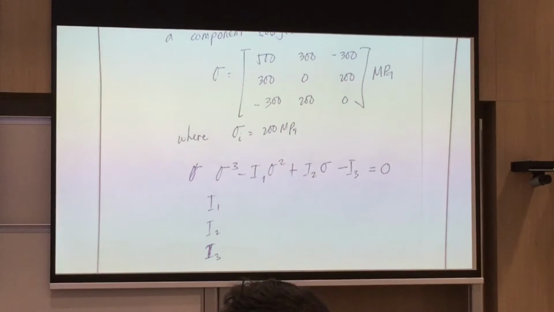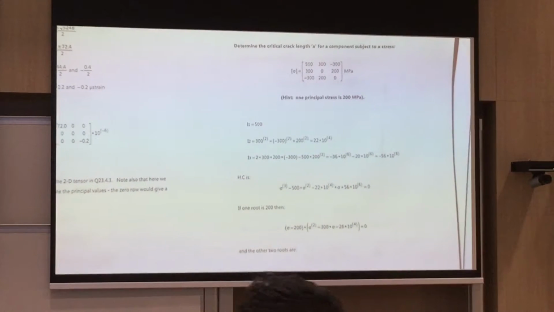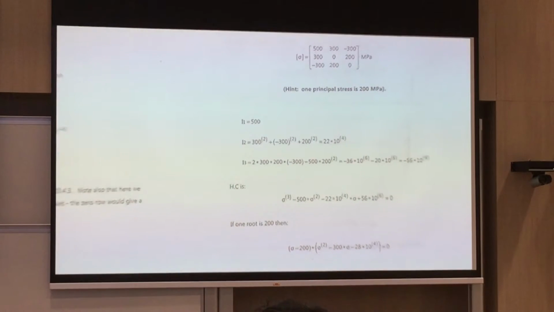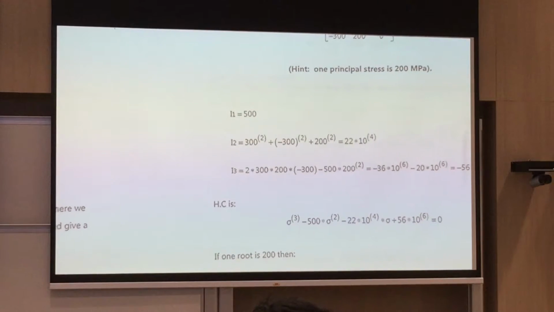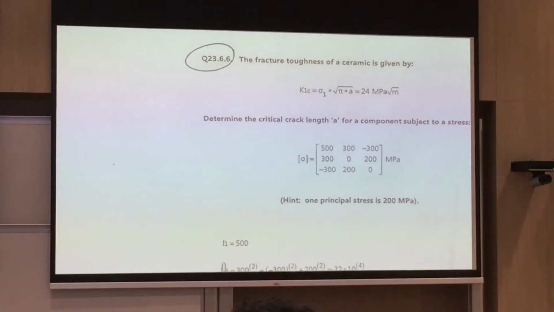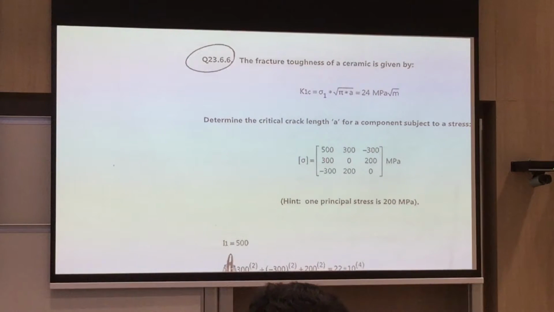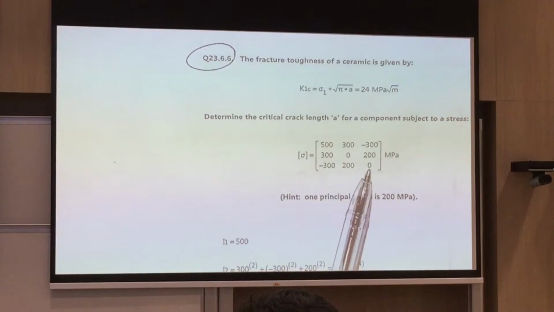So how do you solve that? We have an equation there, so I won't be writing too much of this one. So you have now your invariants. I1 will be sigma 1,1 plus sigma 2,2 plus sigma 3,3.